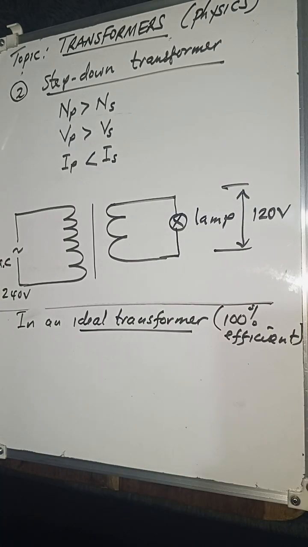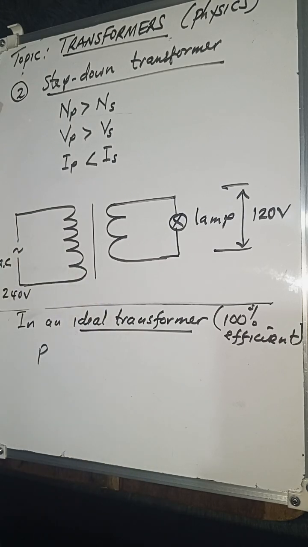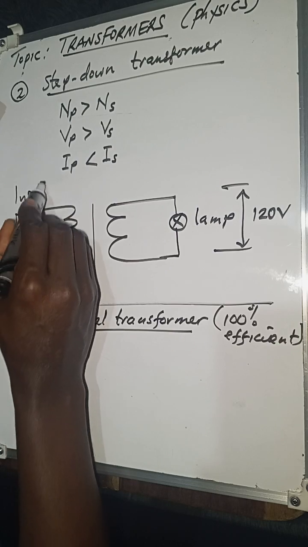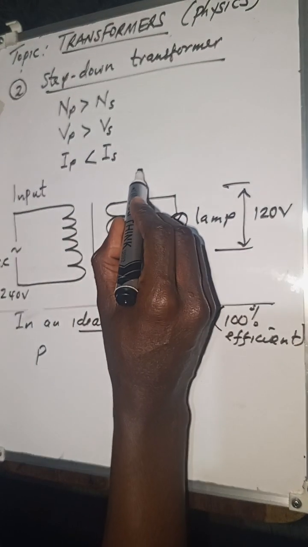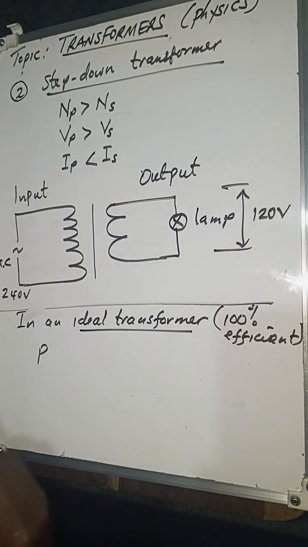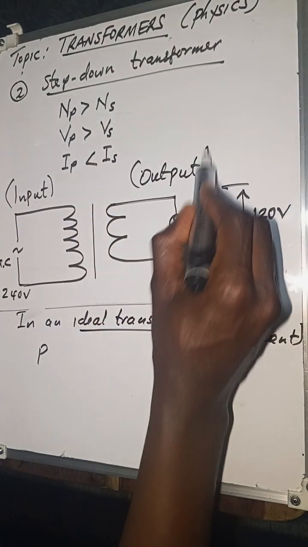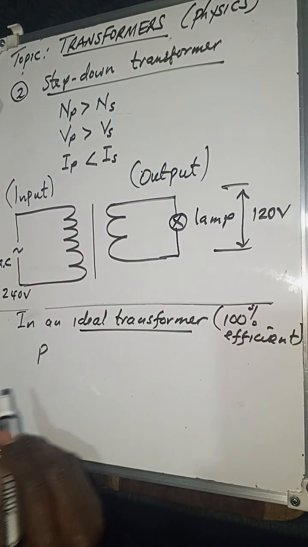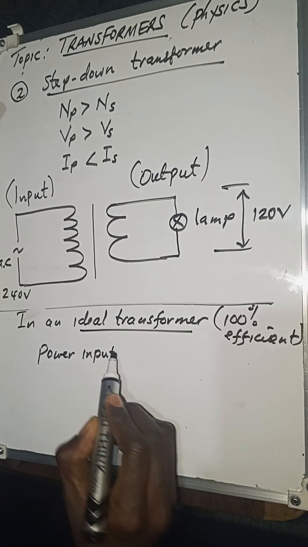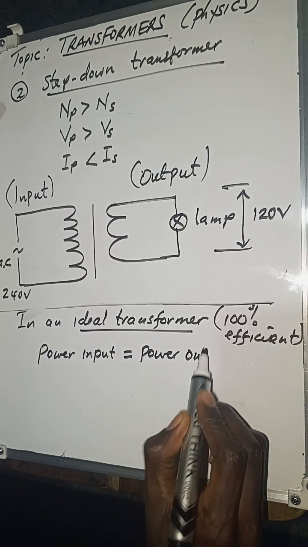The primary coil is sometimes known as the input, and the secondary coil is known as the output. So that is what you need to remember. In an ideal transformer, you are going to find that the power input will be equal to the power output.